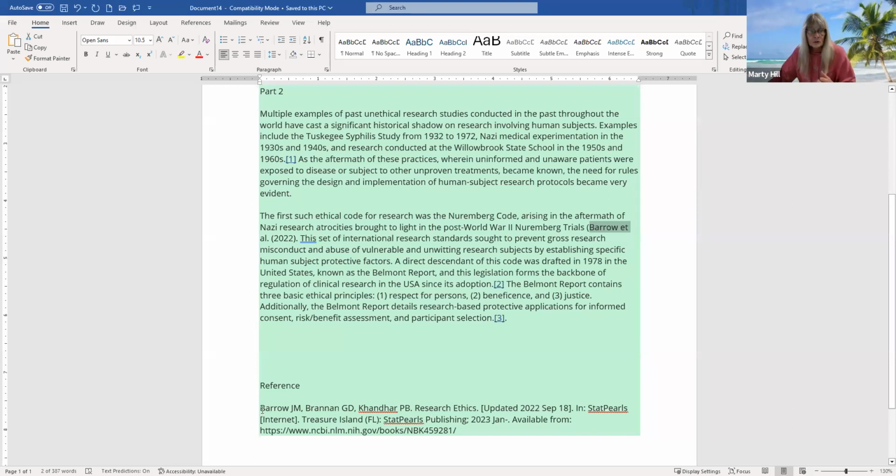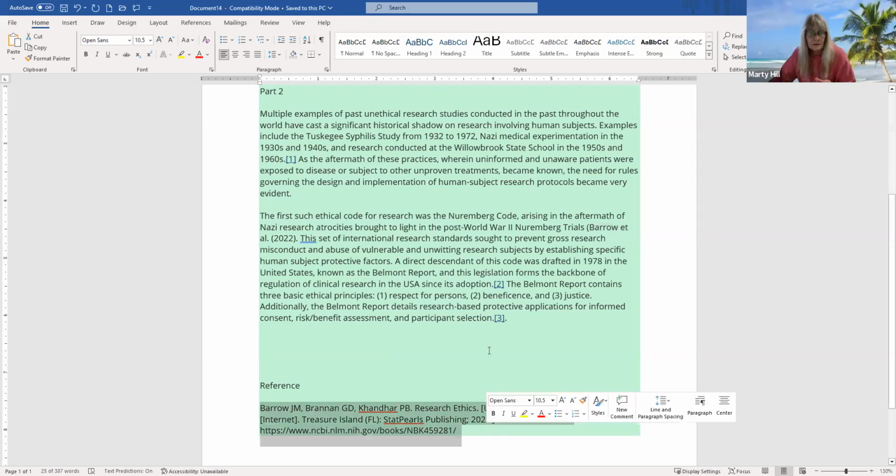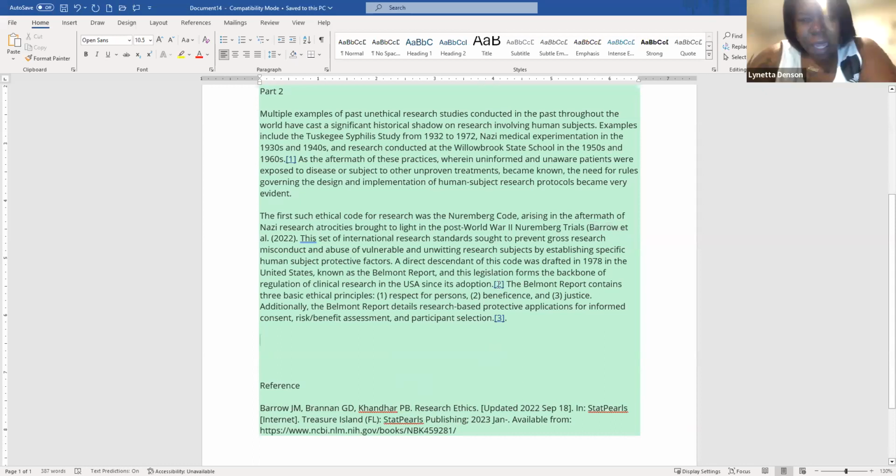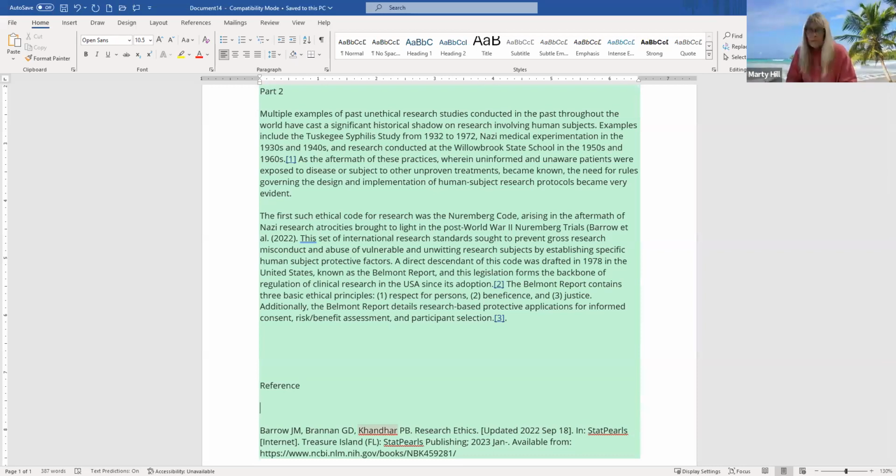So, Lynetta, is this just one reference or are there three? I can't remember. I think there's three. Or is it two? It might be two. Okay, let's start with this one. We have a citation for Barrow, and so it's going to be Barrow, comma, J, period, space, M, period, comma.